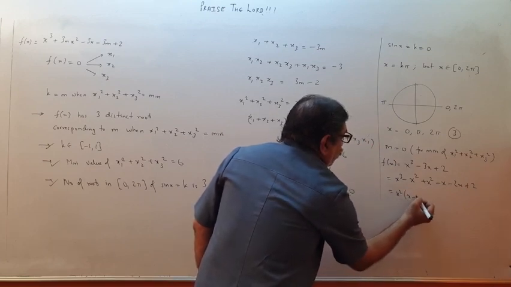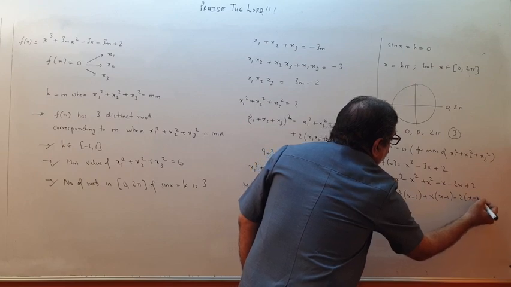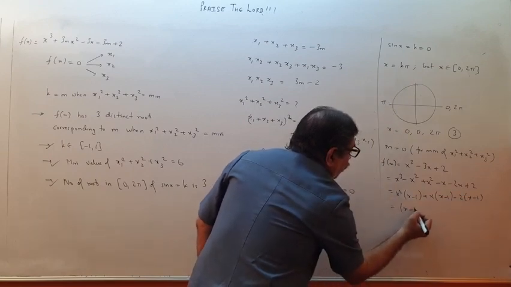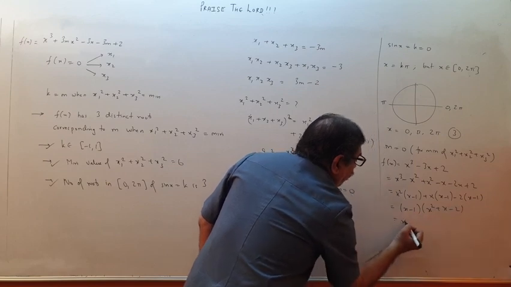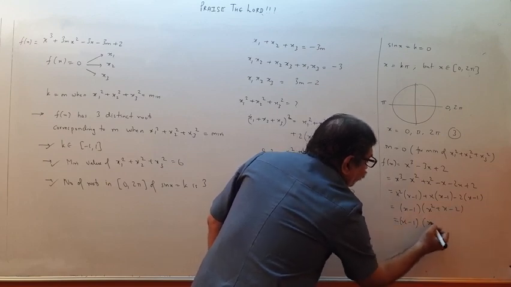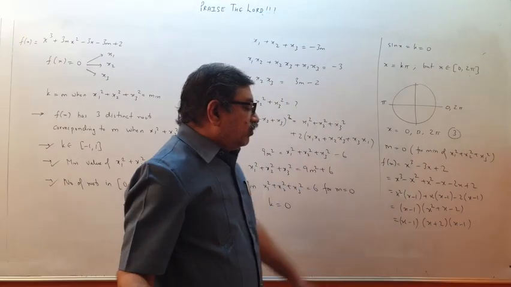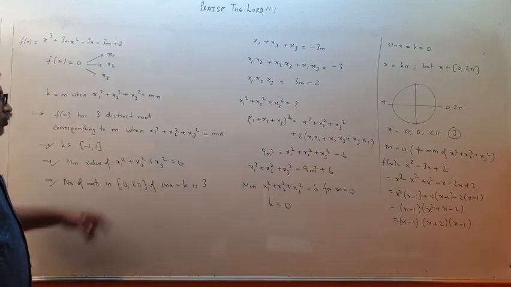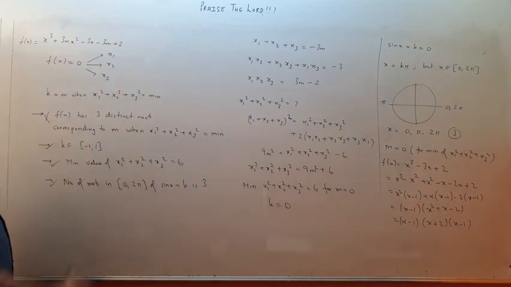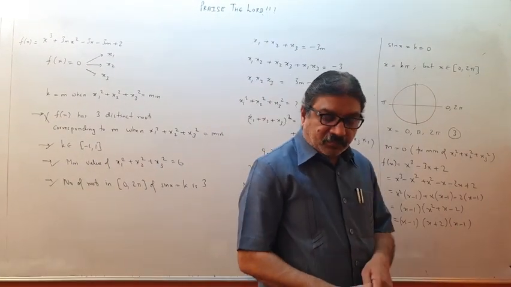So x square into x minus 1 plus x into x minus 1 minus 2 into x minus 1. So x minus 1 into x square plus x minus 2, that is x minus 1, x plus 2 and x minus 1. So roots are 1, 1 and minus 2. It was said 3 distinct roots, no. 3 roots are there but they are not distinct because 2 roots are repeated, 1 and 1.